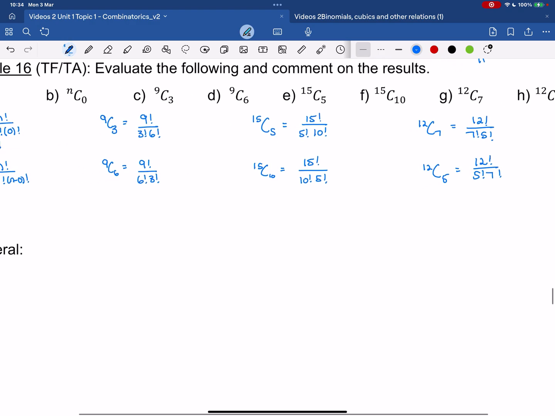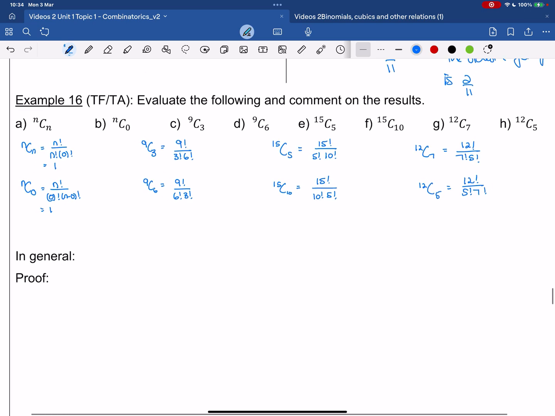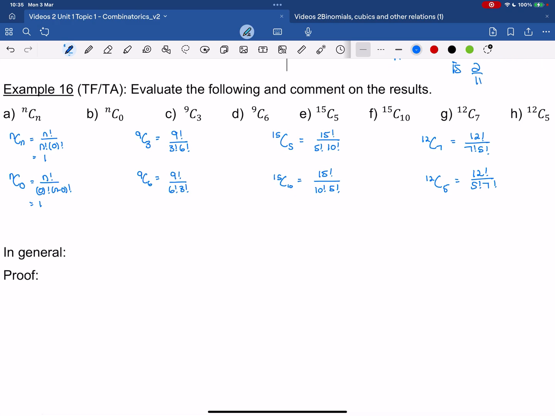And this has got to do with the symmetry in your Pascal's triangle. But basically, it can come down to the fact that if we have 12 choose P, or nCP, and 12CQ, as long as P and Q add to 12, they're going to be equal.